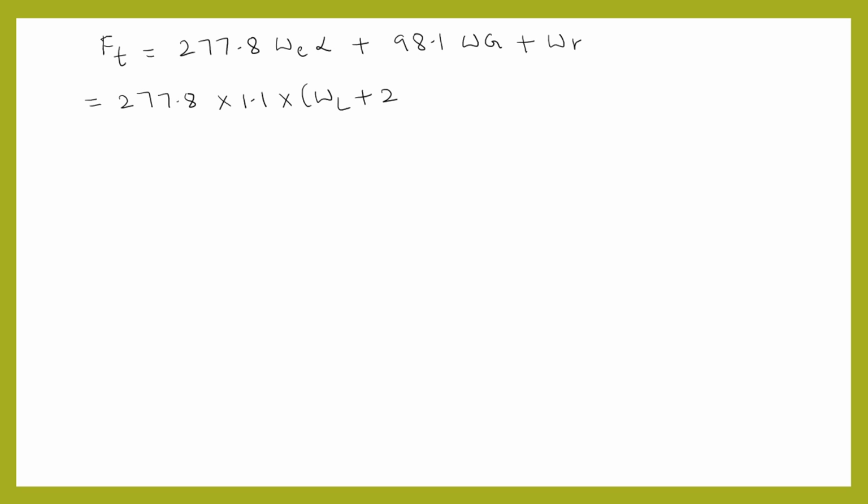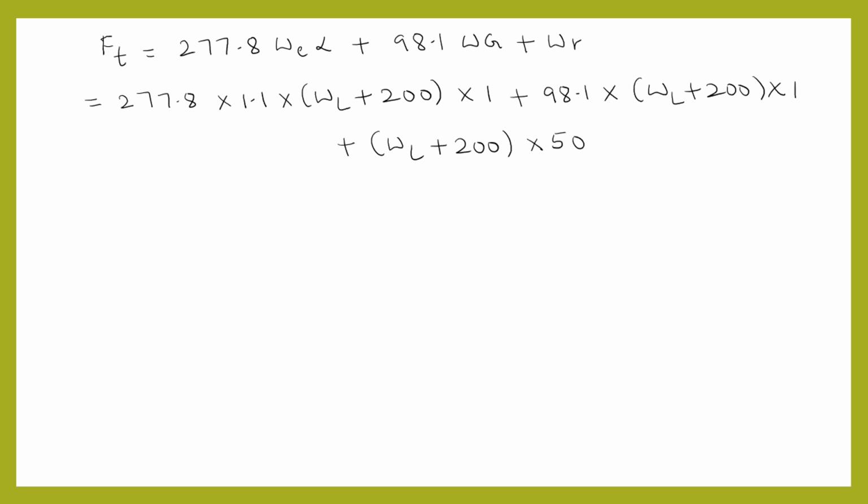We have the equation of tractive effort Ft equal to 277.8 We alpha plus 98.1 Wg plus Wr, that is equal to 277.8 into 1.1 into WL plus 200 into 1 plus 98.1 into WL plus 200 into 1 plus WL plus 200 into 50, that is equal to 453.68 into WL plus 200 in newtons.